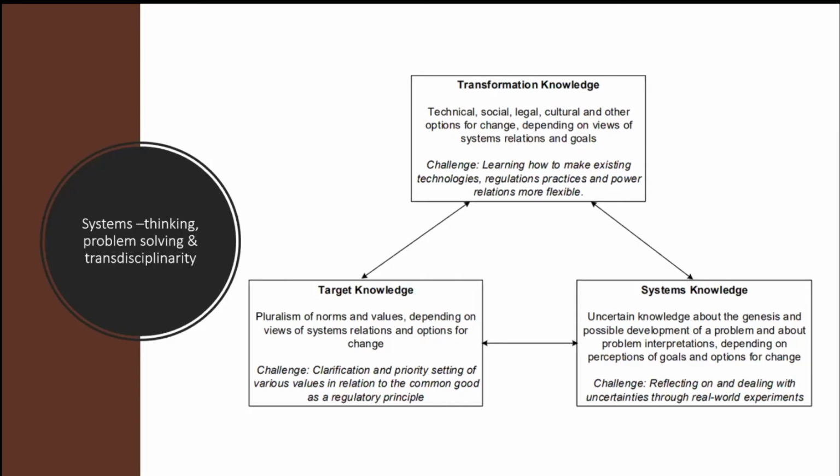For example, you need to create awareness, such technologies, such facilities, such products, such services, and all this needs to be translated into the community. That is how it works, and that is how I have brought together systems thinking, problem solving, and transdisciplinarity.